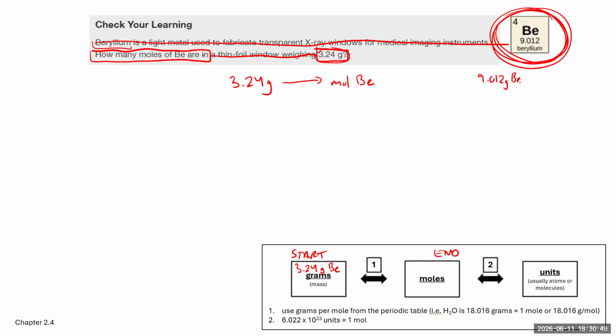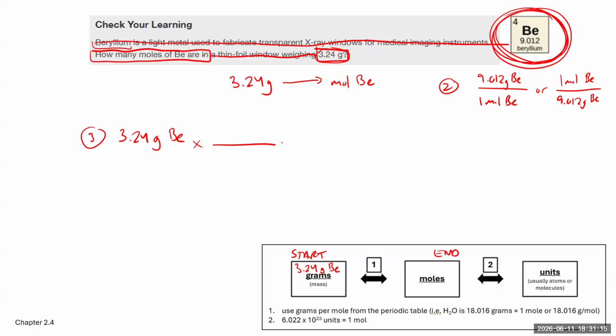9.012 grams of beryllium over 1 mole of beryllium, or 1 mole of beryllium over 9.012 grams of beryllium. All right. This was step 2 in the conversions, right? So step 3 is take your original value, 3.42 grams of beryllium, and we multiply it by the fraction that has grams of beryllium on the bottom.